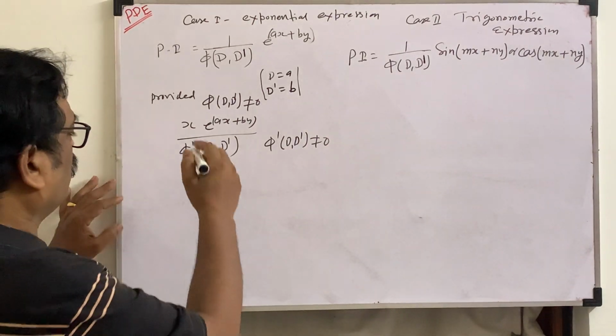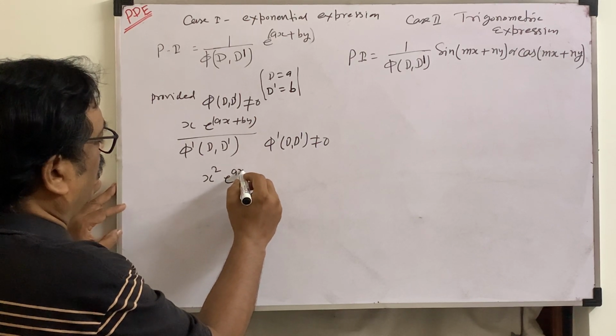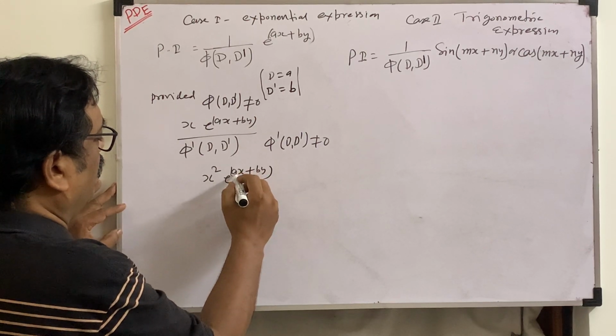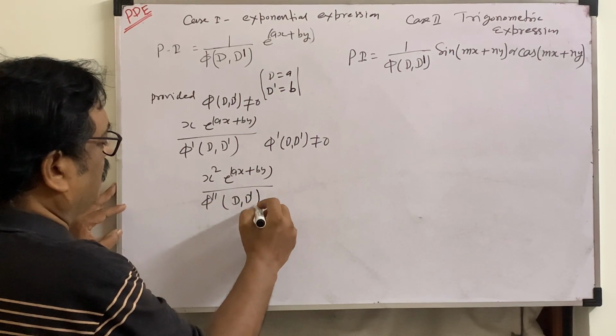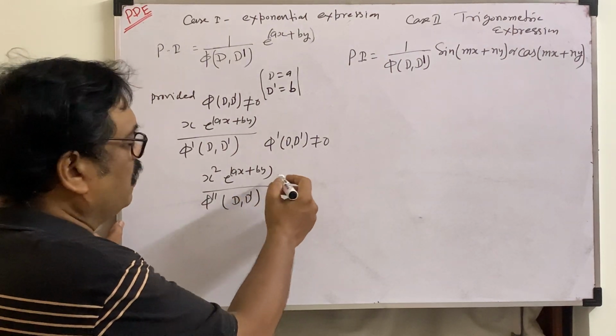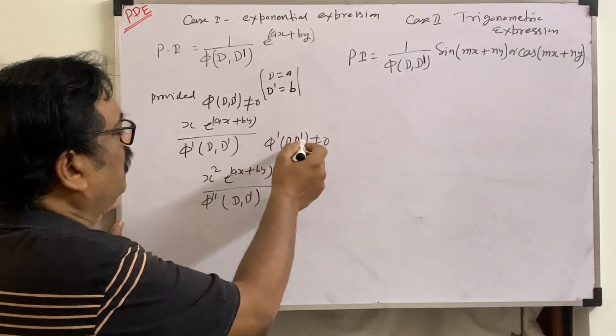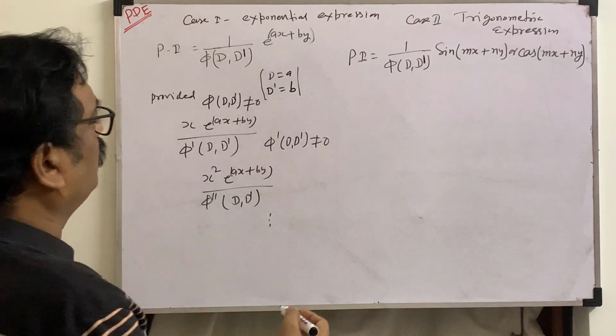If this is 0, again multiply by one more x e to the power ax plus by, differentiate again, and continue like this until it is not equal to 0. That is the answer. Like this we have to continue.